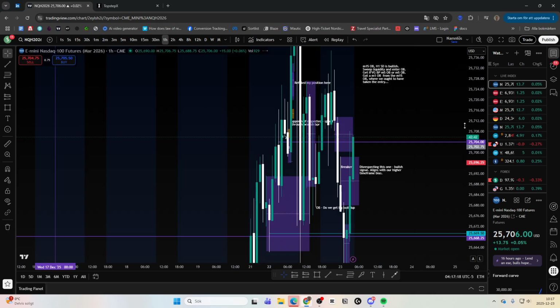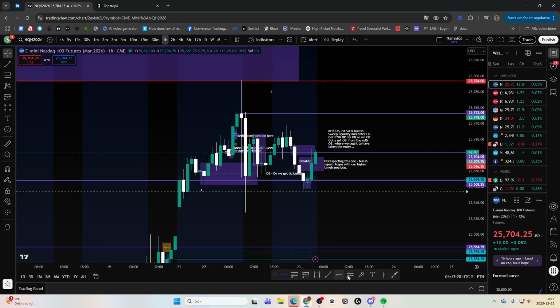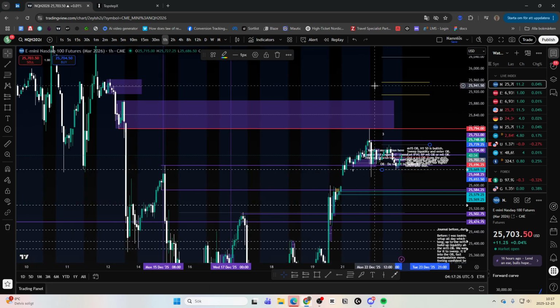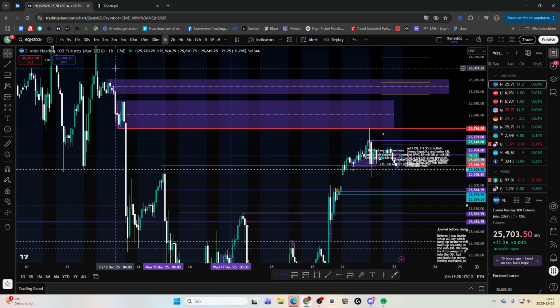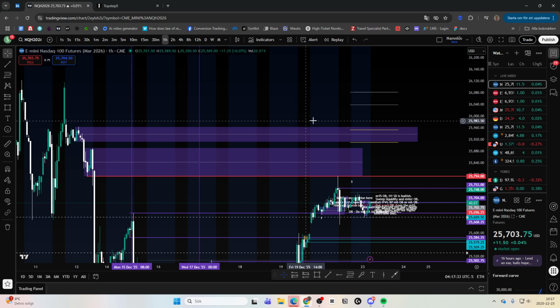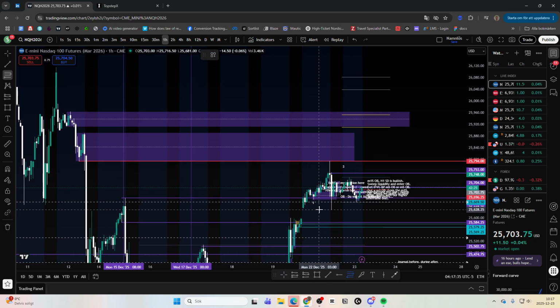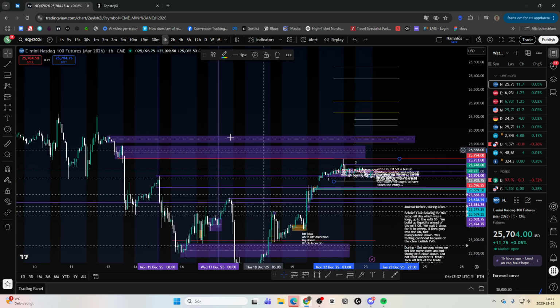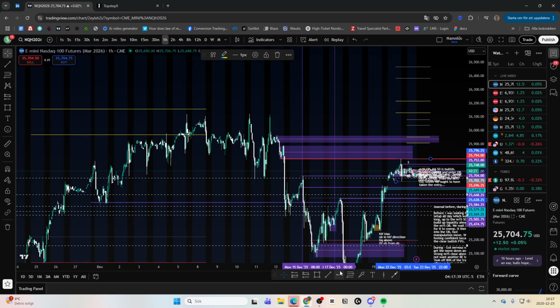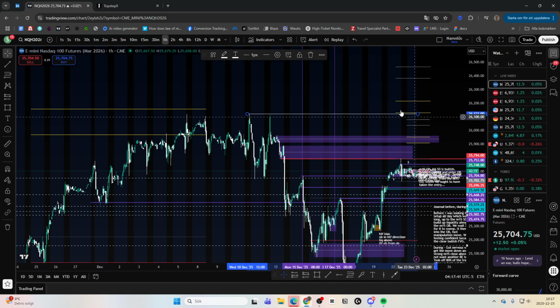But probably what's going on is we are building up this as our next, aligning with this. I think this is a 15-minute order block, but then most importantly, this right here is probably the weekly bias that we will sweep this higher.